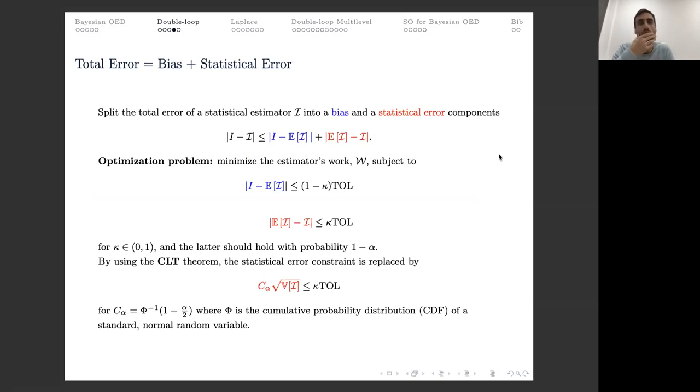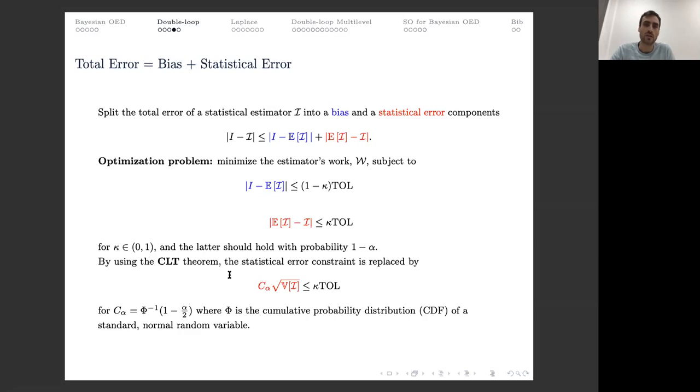Okay, here I show how we split the error. Basically, we have I, our real expected information gain, minus the calligraphic I, which is our estimator. Using the triangle inequality, we arrive at two components. One is the bias, the blue one, and the red one is the statistical error.